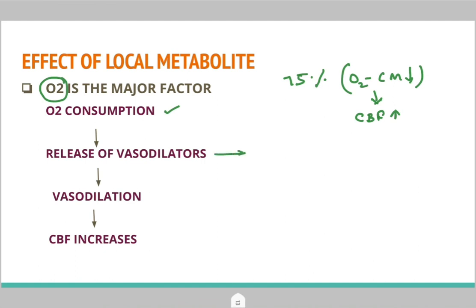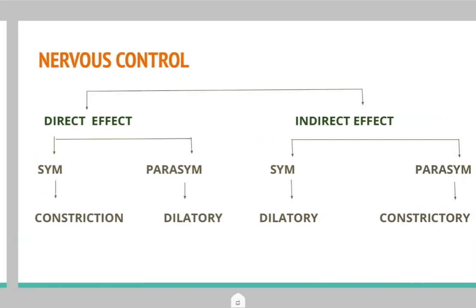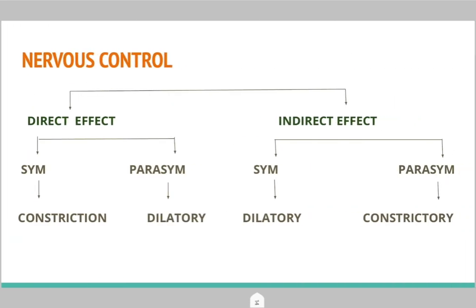So that same thing happens here. The oxygen consumption will lead to the release of vasodilator substances like nitric oxide, adenosine, H plus ion, carbon dioxide. This will dilate the blood vessels, leading to the increase of the coronary blood flow.